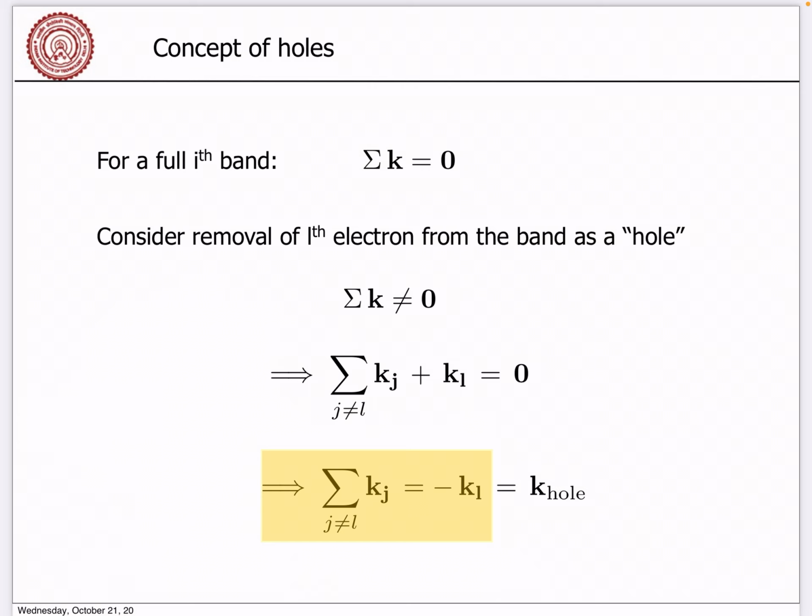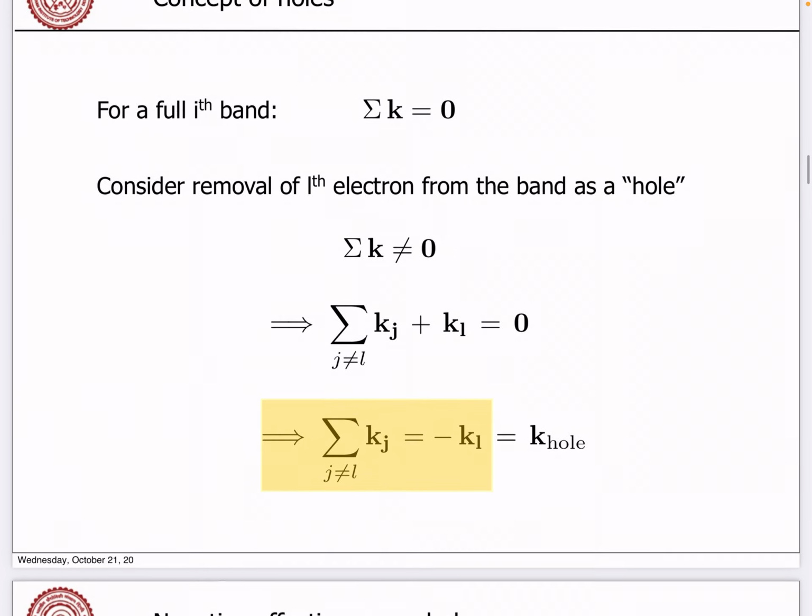So once the lth electron is removed, the sum over k is not equal to 0. We can consider the sum over kj, where j is the total number of electrons, with j not equal to l, plus kl, which is the total k, and this is equal to 0. Therefore, the sum over kj will be equal to minus kl.